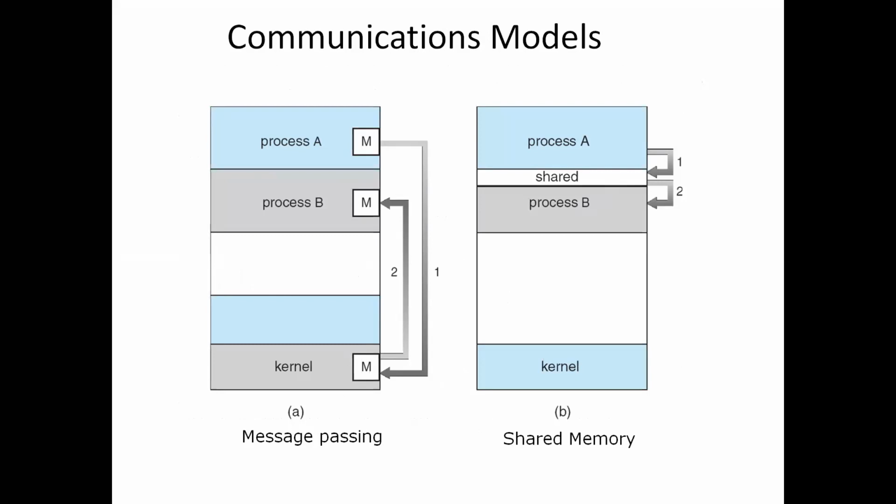You can see in this example, process A wants to communicate with process B. That means the shared memory region will be created by process A in its address space. So the shared memory region resides in the address space of process A.